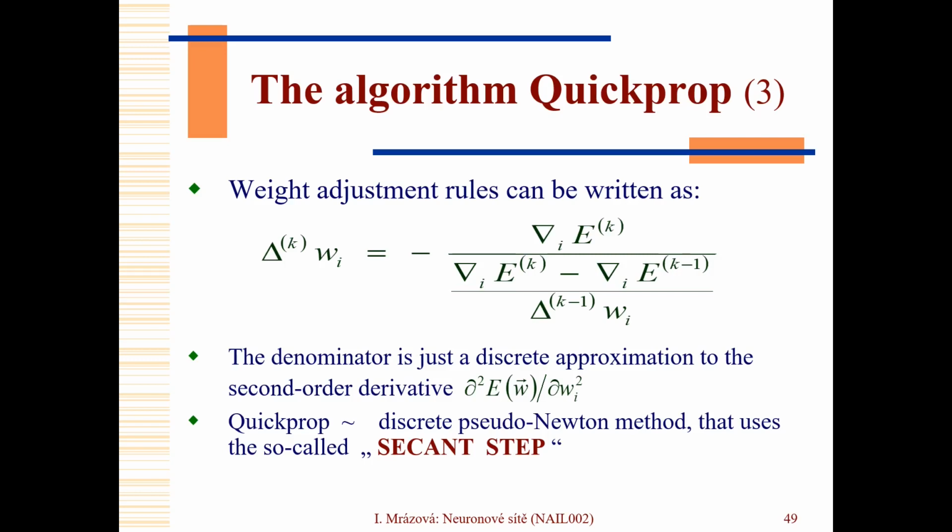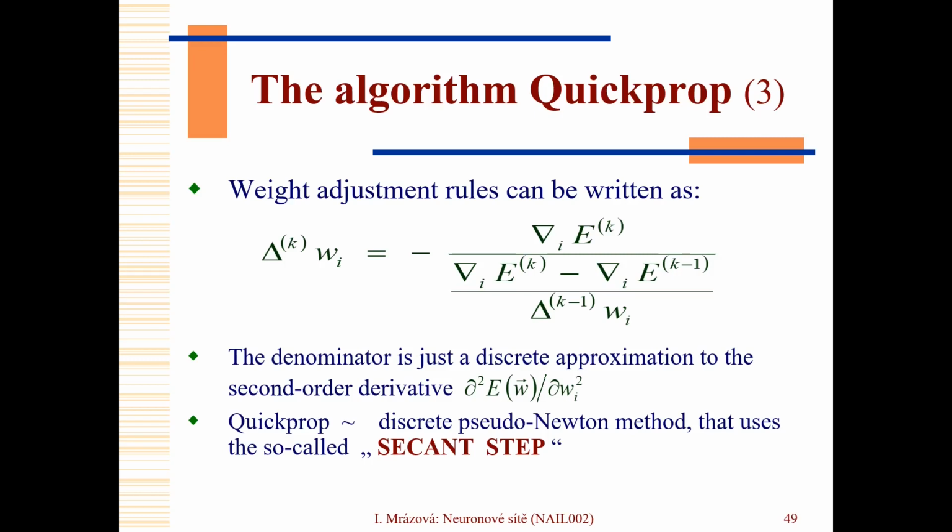So for the discrete approximation of the second order derivative, we get here the ratio between the difference in the gradients and the difference in the previous weights, so basically the weight step.